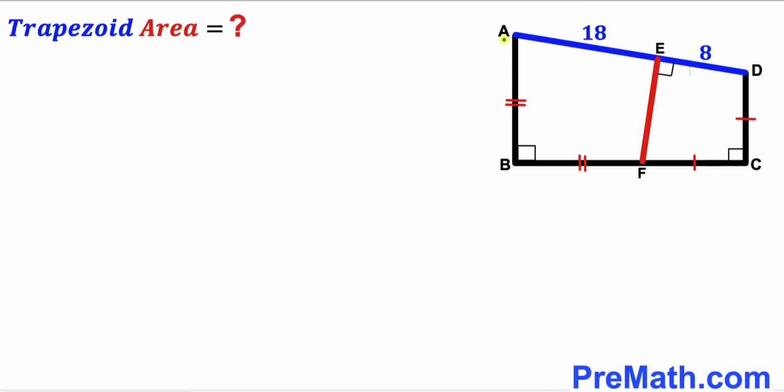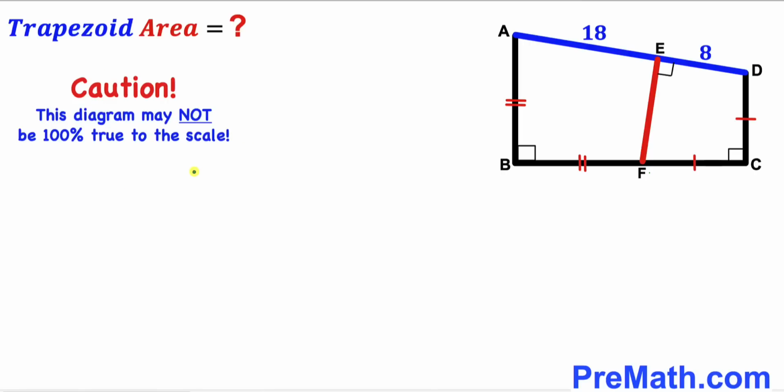Moreover, this side AB equals this segment BF, and this side CD equals this segment FC, and furthermore these angles are 90-degree angles. Our task is to calculate the area of this trapezoid ABCD.